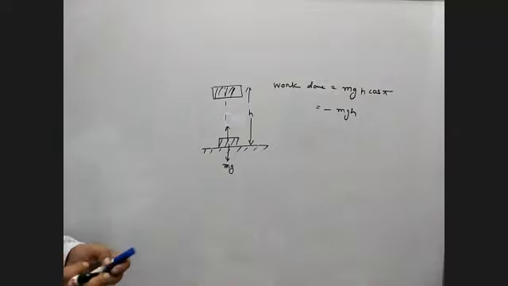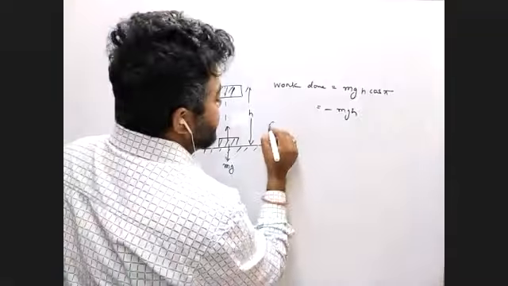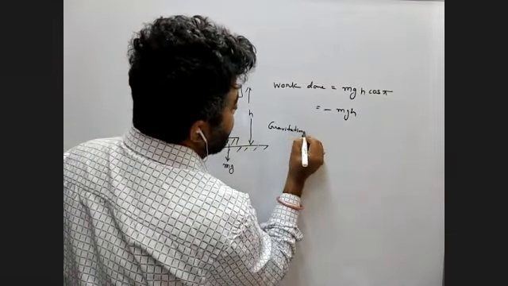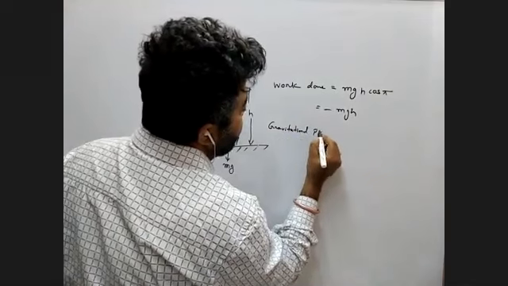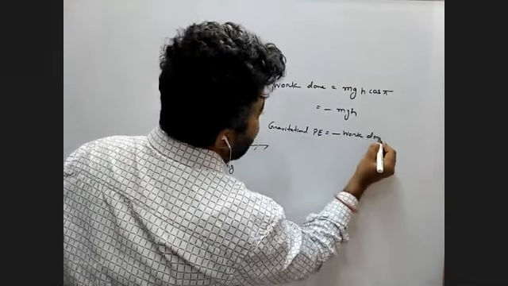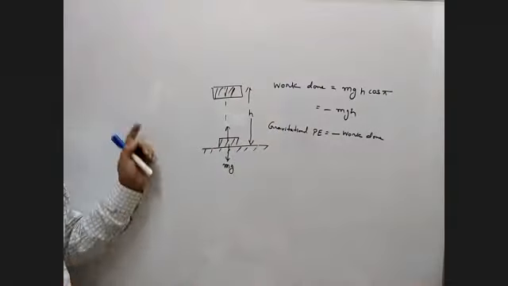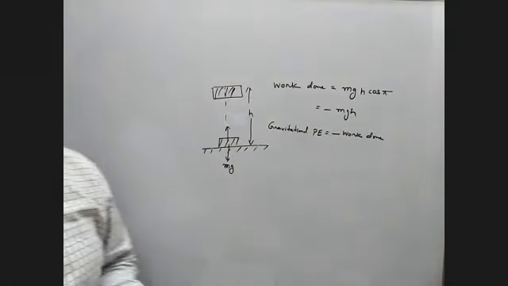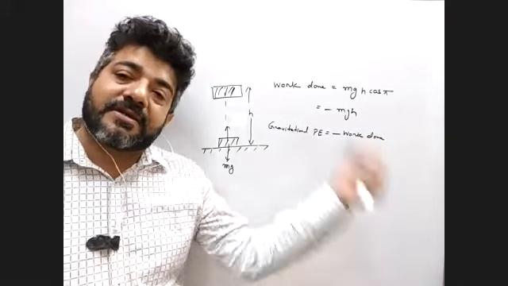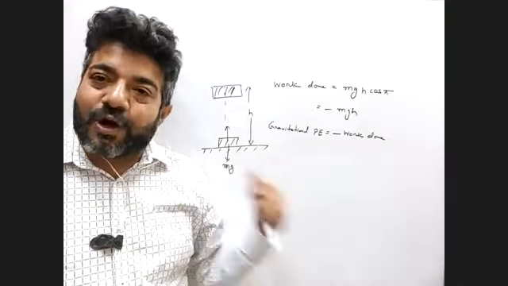So gravitational potential energy is the negative of the external work done, because mg is acting downward and you are moving it upward, so the external work obviously opposes this.